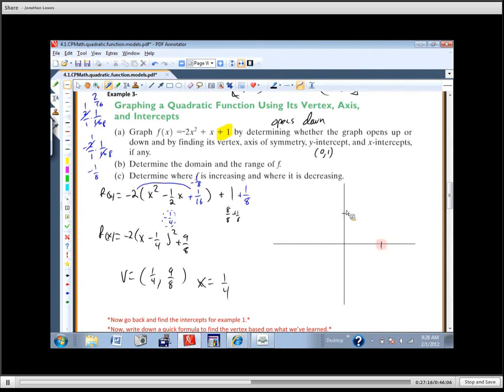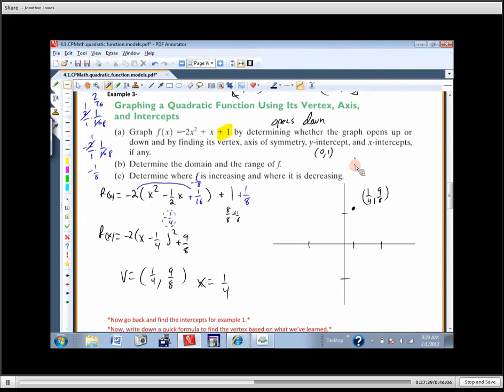That's positive 1 and that's positive 1, so here's 1 and here's negative 1. If I make that pretty big, it'll be easier to label. So I need to be at 1/4, so there's about a 1/4, and 1 and an 8. We're about right there. So that point right there is the vertex. There's 1/4, comma, 9/8. There's the vertex.